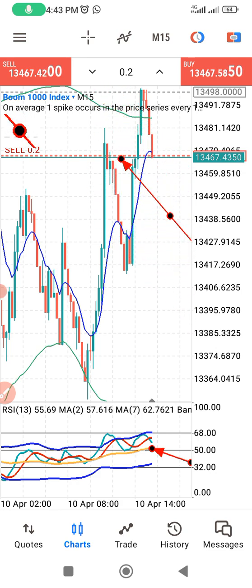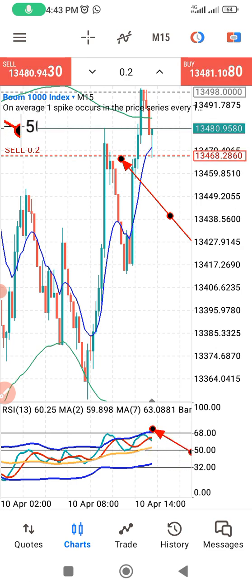Okay, we have this spike, and then coming to our indicator window, we see that our price line is intercepting with the Bollinger Band, and now we have a cross of this moving average, which is here, and then our market sentiment is around the zone of 50, and then we make our entry.